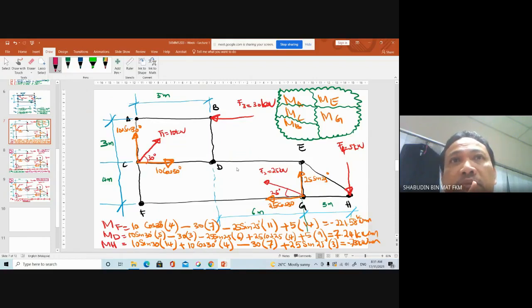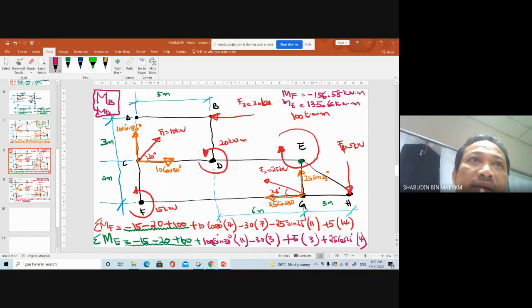Just only forces. The second one, you can see also a system acted on by several forces and also several moments. That also can induce a different moment at different points.